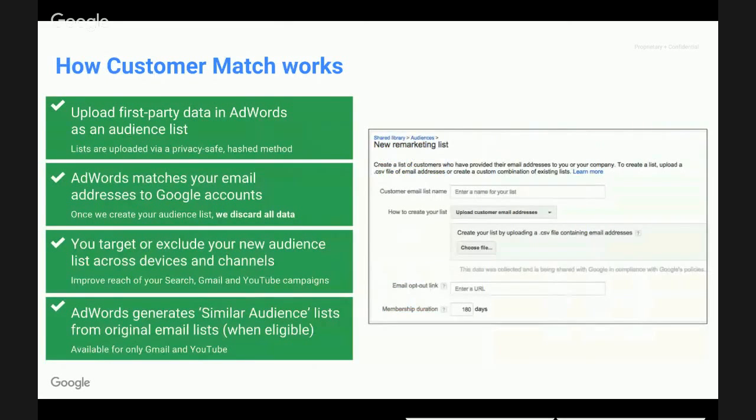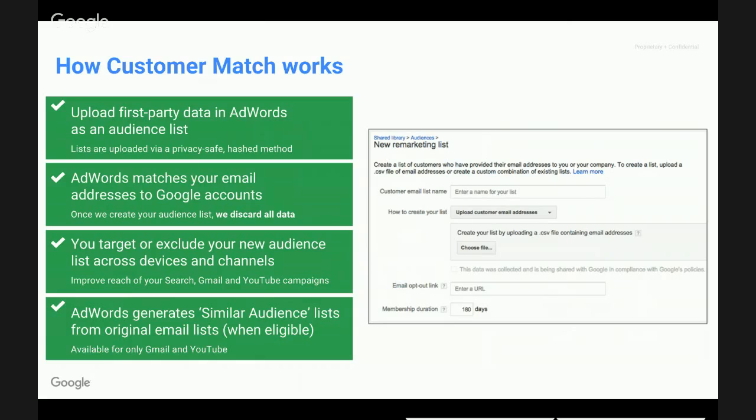So how does Customer Match work, or how do you implement it? So first thing, you have to upload first-party data in AdWords as an audience list. So you go to shared library, click on plus remarketing list, you select Customer Match, and then what you need to have is a CSV or Google spreadsheet file that you import to AdWords. It has to contain emails from your audiences, right, from your customers.